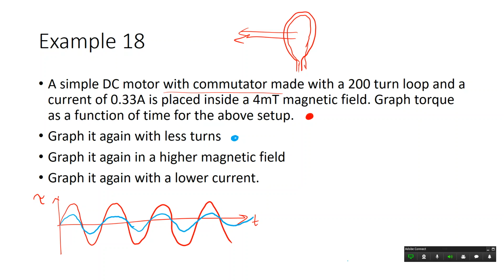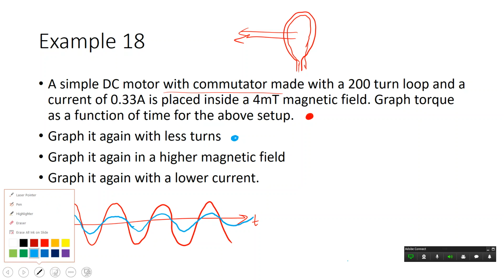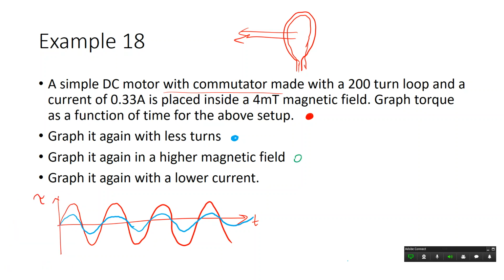What happens if I have a really strong magnetic field? Really high peaks, exactly. It's going to be the same thing, but you're going to have a huge amount of torque.